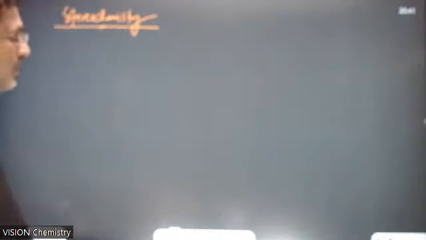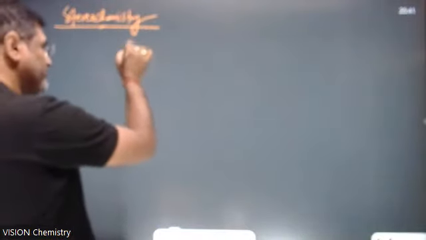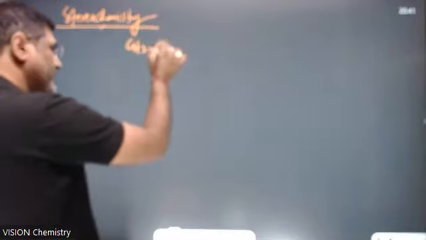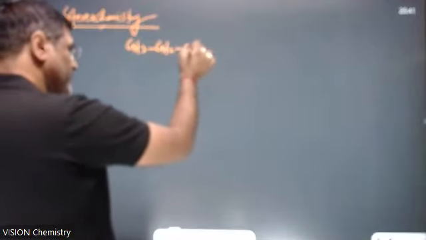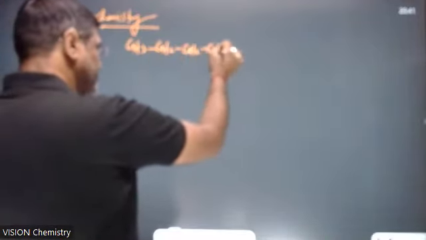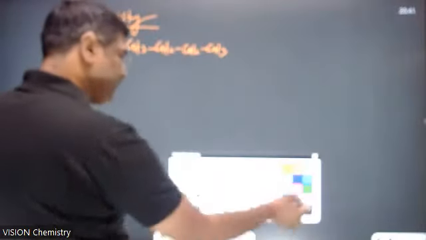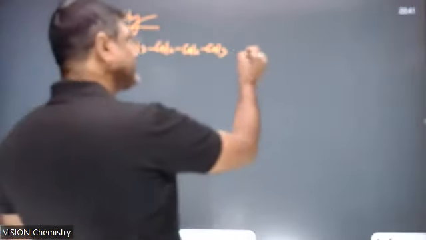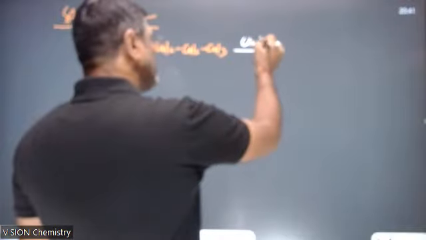In this stereochemistry, the first thing we have to understand, take a simplistic example. CH3, CH2, CH2Cl. Here the chlorination takes place with Cl2 and h nu.